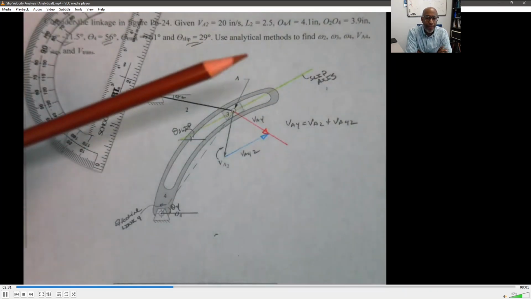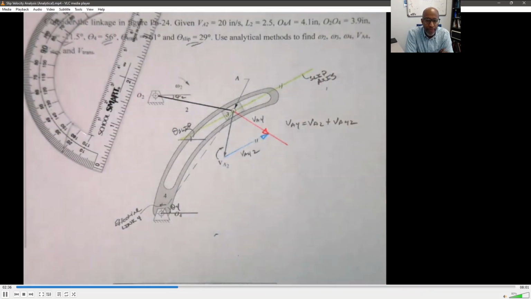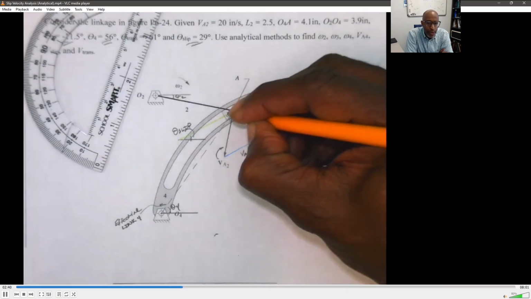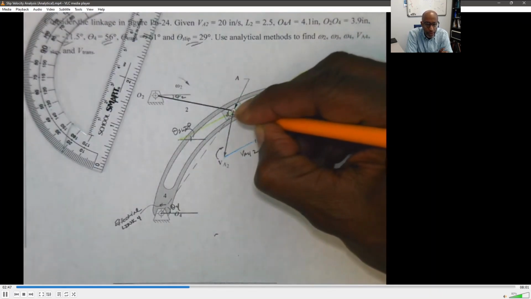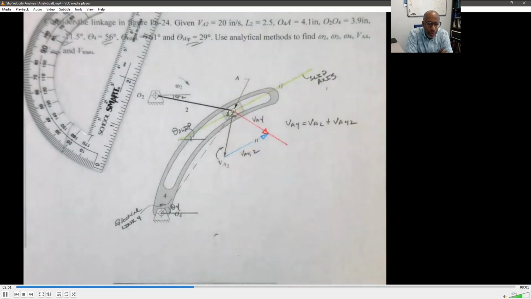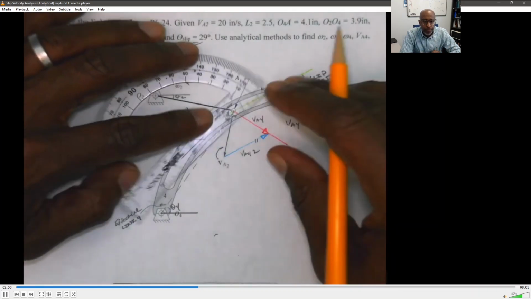Now, if we were doing a graphical method, VA42 is parallel to our slip axis, and we would start to measure things. But in this case, we're doing an analytical method, so we have to be very careful with our angles. So a right angle between VA2 and link 2, and a right angle between VA4 and link 4.